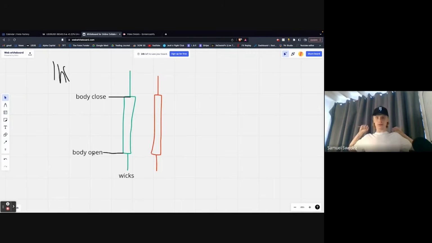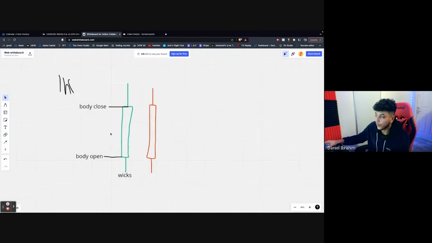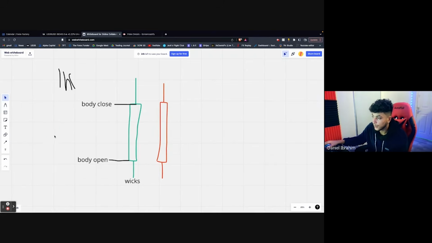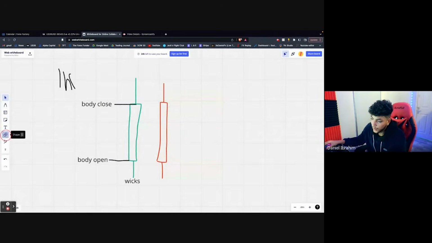Now the wicks show you where price has been, but has been unable to maintain. Because we're looking at an hourly time frame, this is an hour of price action. We know where price opened and closed within that hour, but we don't know what price did during that hour. So the wicks give you a little more insight into what happened throughout this period. Let's say hypothetically at 8 a.m. we opened here where the body open is.